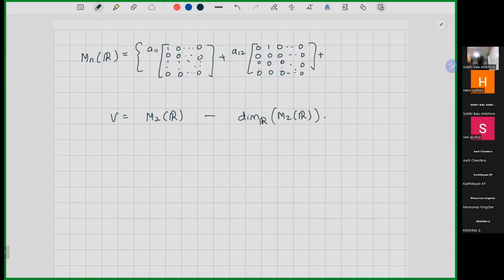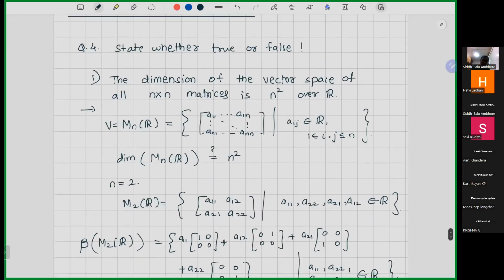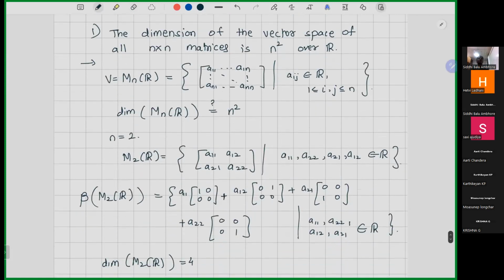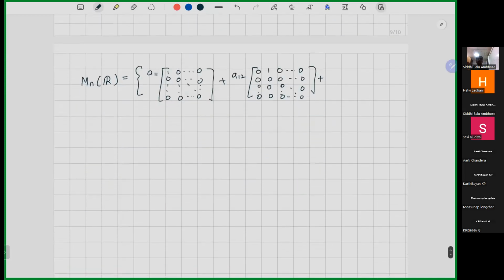Those are all vector subspaces of M2R, which is what we will do in the next few minutes. But for this question, they were just asking for all the elements of MNR. How can we generate all possible elements of MNR and what will be the basis in that case?